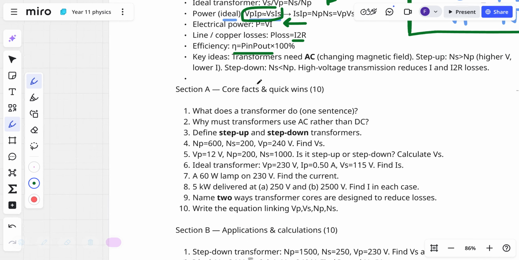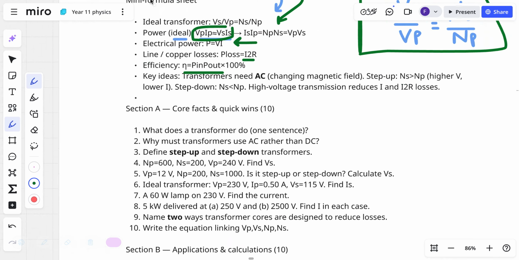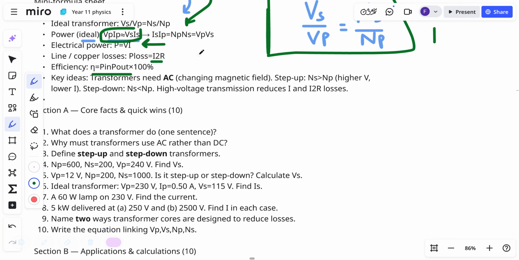All there for you. Key ideas. Transformers need AC, which is the current switching backwards and forward.